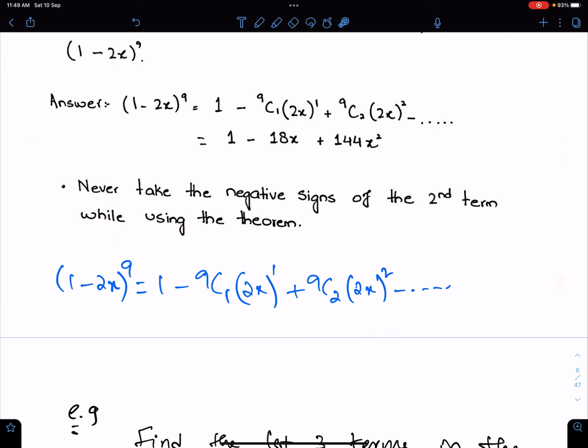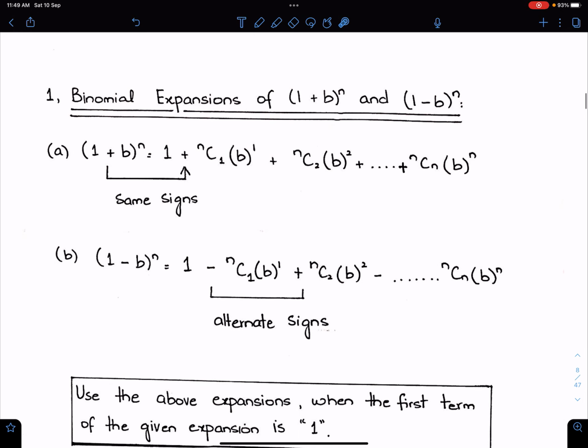And one very important thing, while using these two theorems, especially this one, never take the sign of the second term. Take the second term positive. Take it without its sign. The sign of the second term is negative, but you have to just take plus b or just b here.